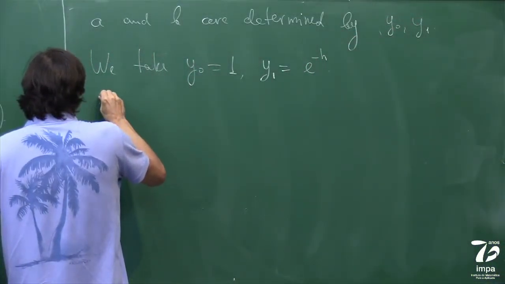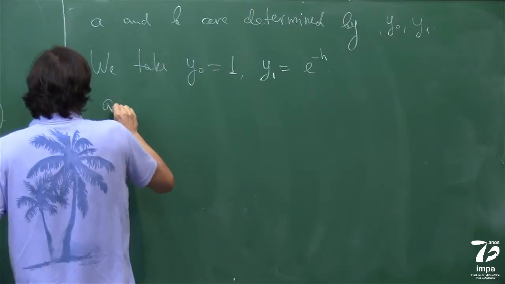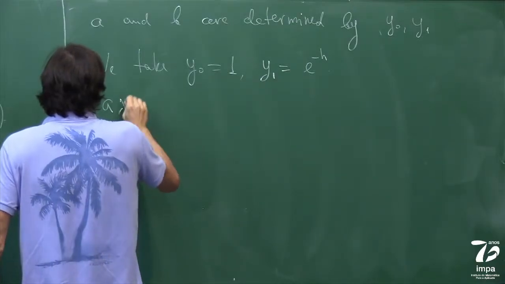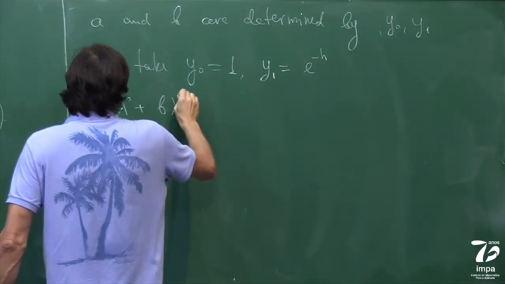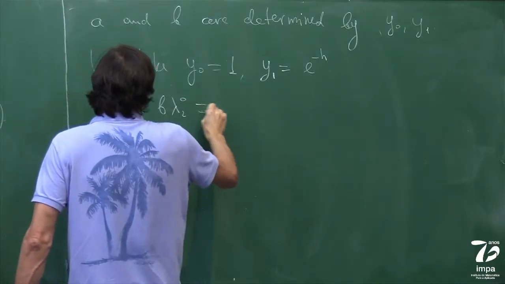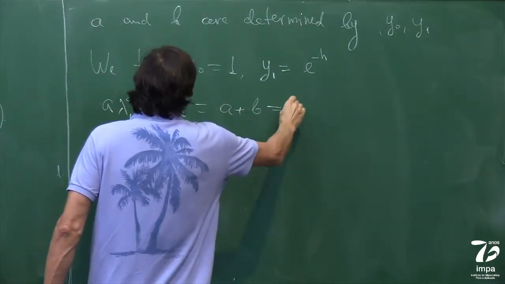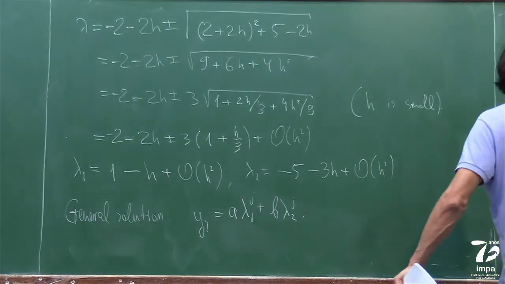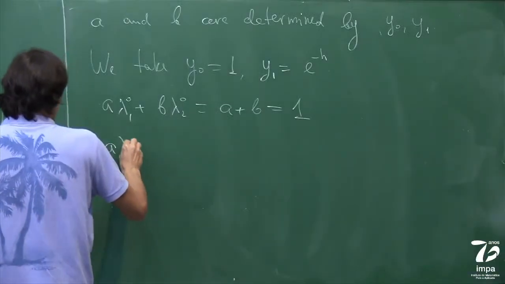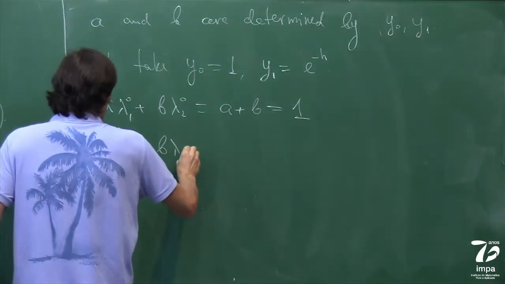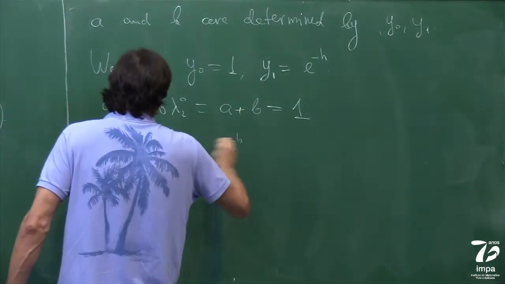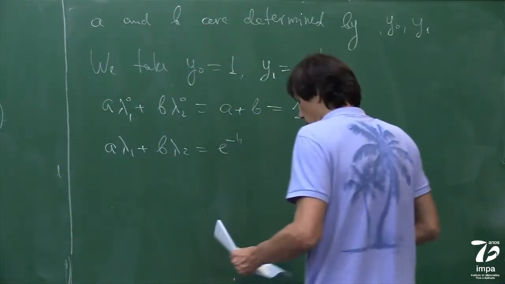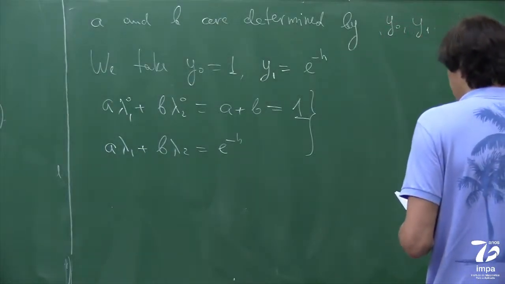We have that y0 is a lambda 1 to the 0 plus b lambda 2 to the 0, right? Which is just a plus b, and it should be 1. So this is the first equation, and then the second equation is a lambda 1 plus b lambda 2 should be this exponent.